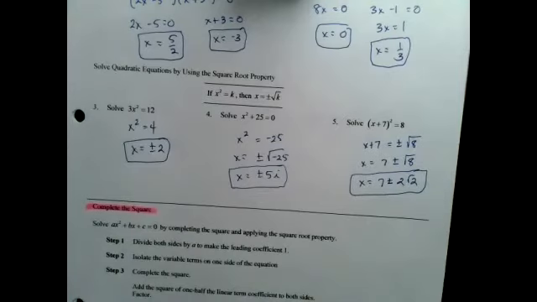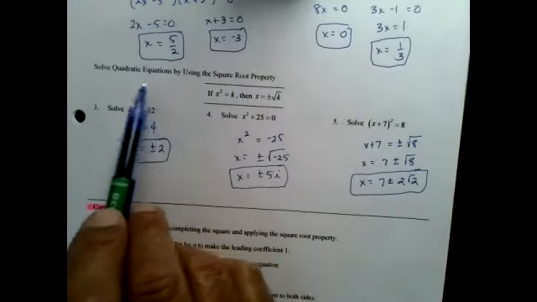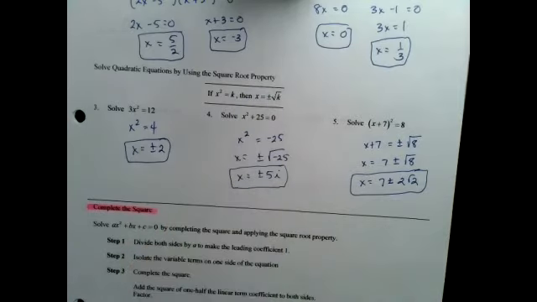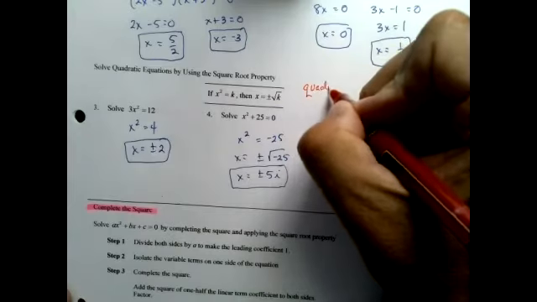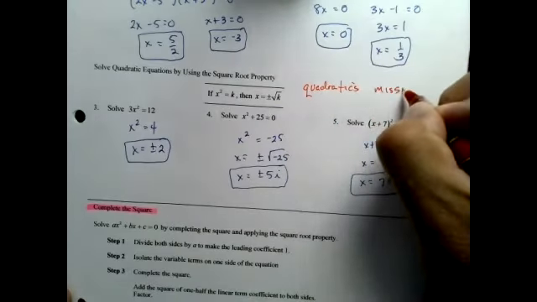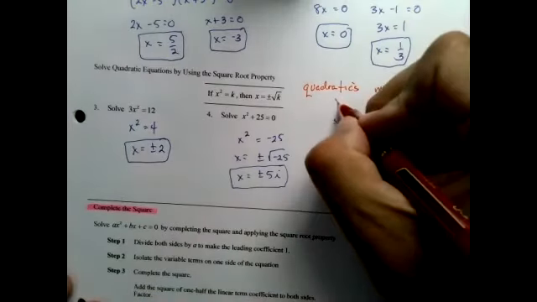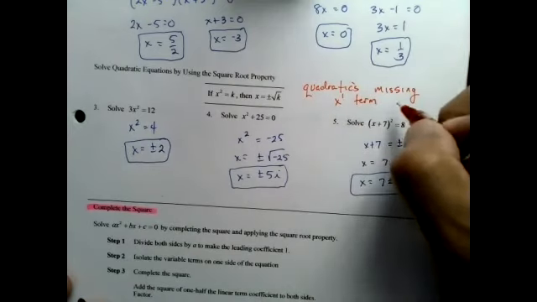Okay, so sometimes I will get an equation and it says, solve quadratic equations. Boy, that's boring as heck. Why don't they call this quadratics missing the linear term, the x to the first term, that middle term, the one that's in the middle?